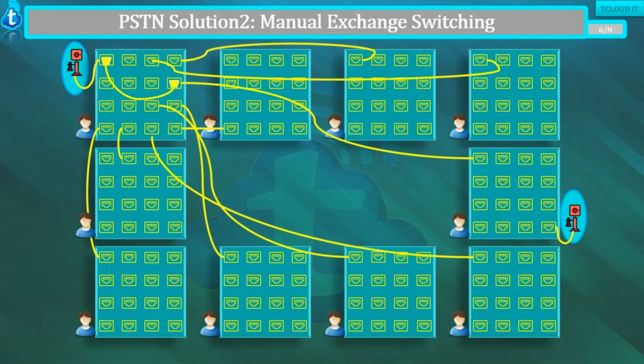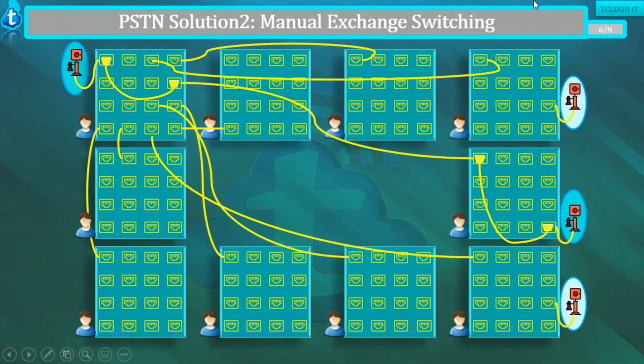You can make a connection from this device to this device by using this linking. But the users who are under this exchange, because this exchange is connected to all other exchanges, can communicate with the users under any other exchange possible. But when there is one user over here in this exchange, and another user over this exchange, if these two want to communicate with one another, right now there is no solution.